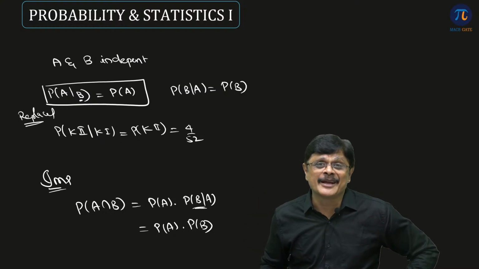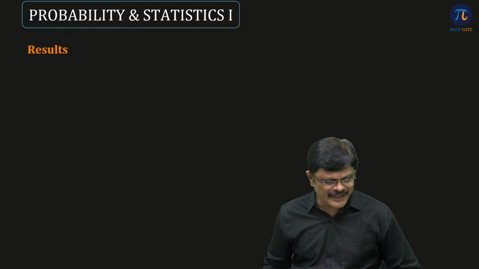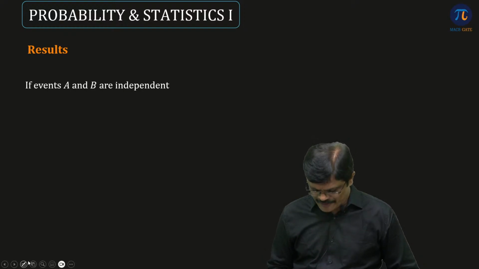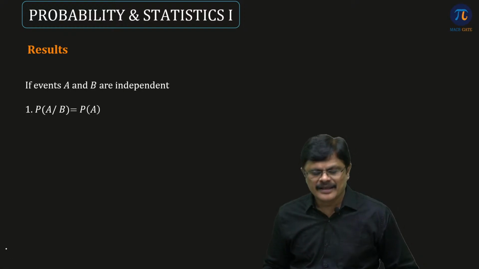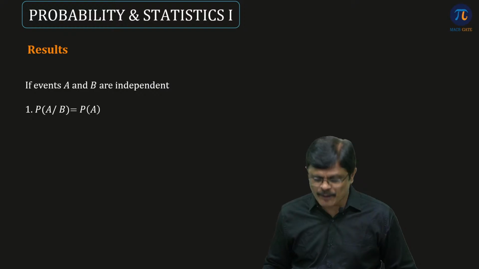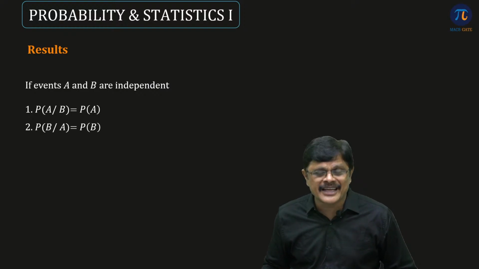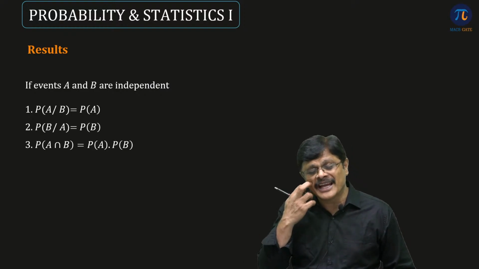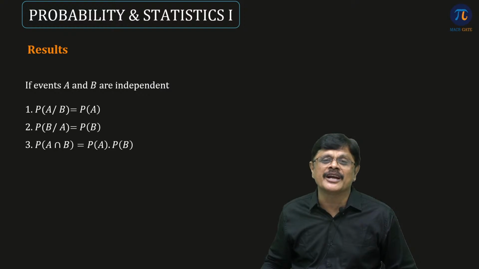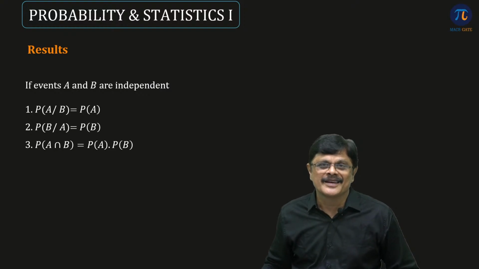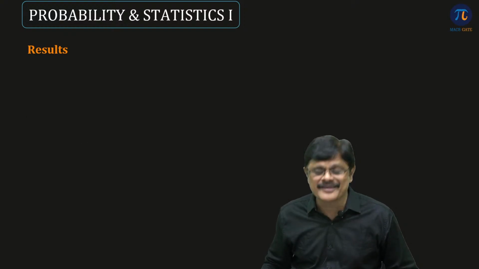That is a very, very important result, my dear friends. So if A and B are independent, the probability of A given B is the probability of A, the probability of B given A is the probability of B, and the probability of A and B is simply the probability of A into the probability of B. Not only this, we also have some more important results.